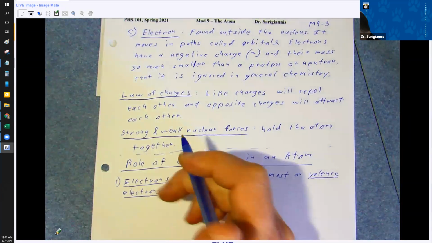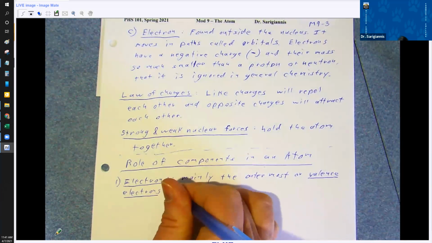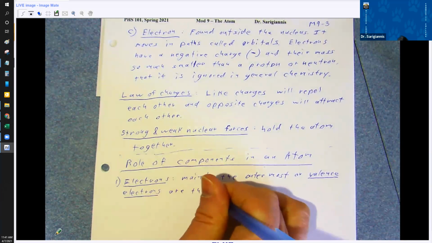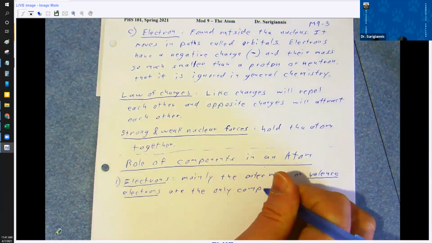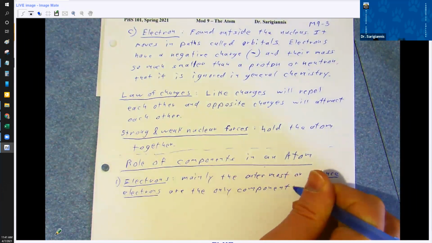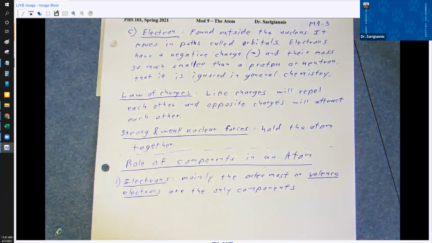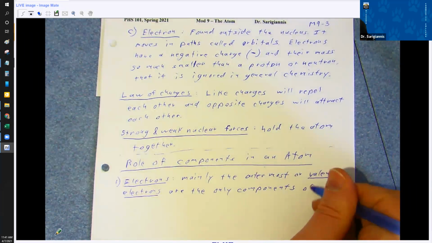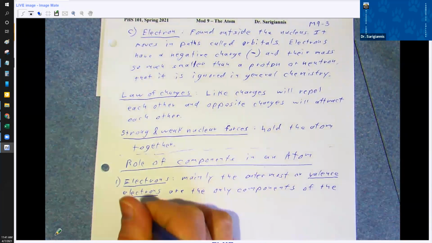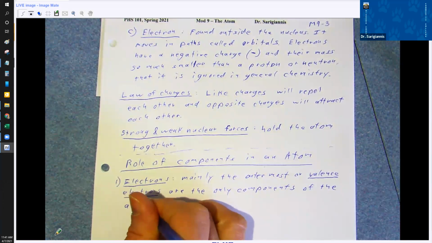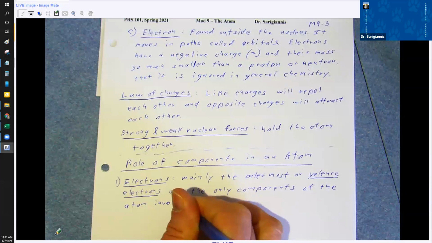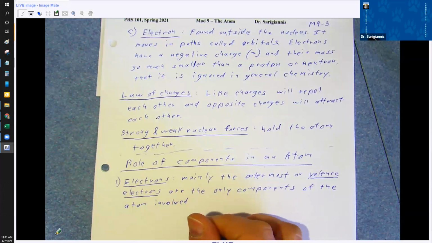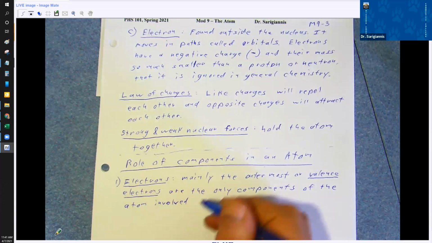They are the only components of the atom involved in chemical reactions.